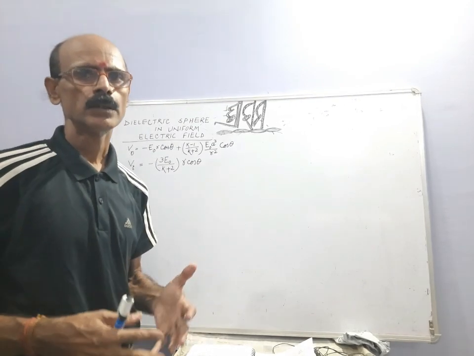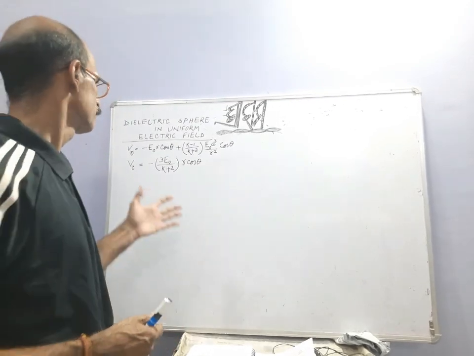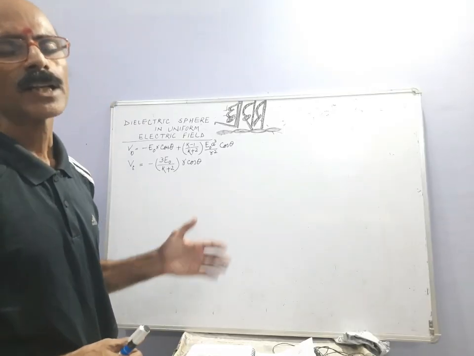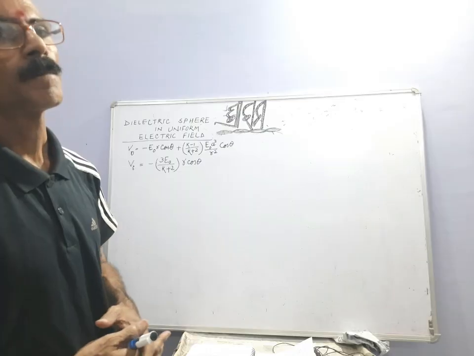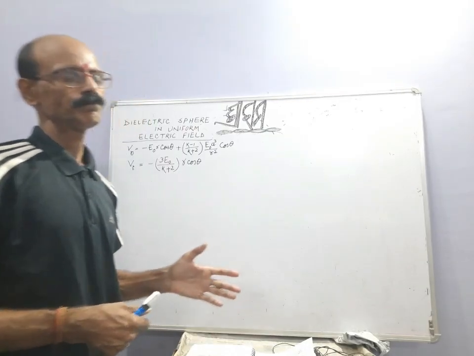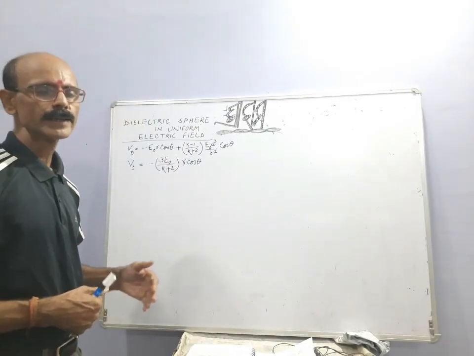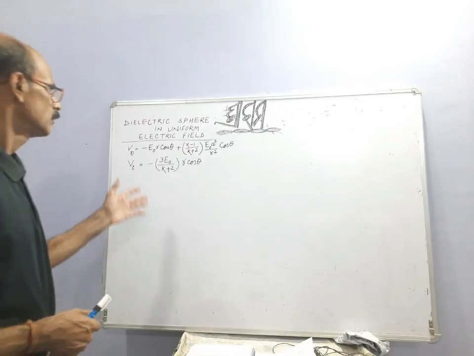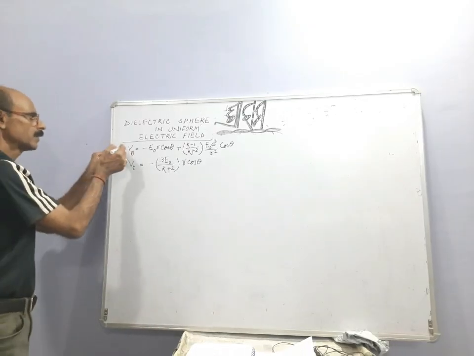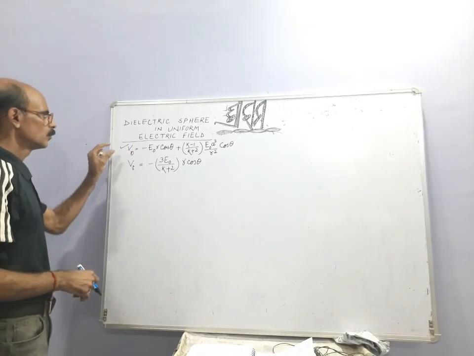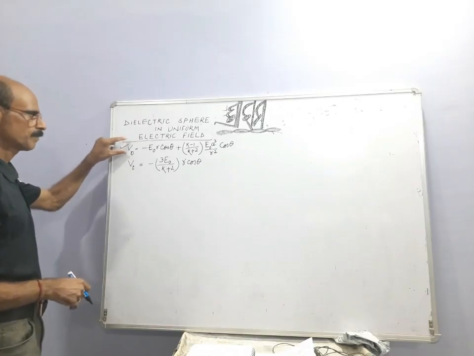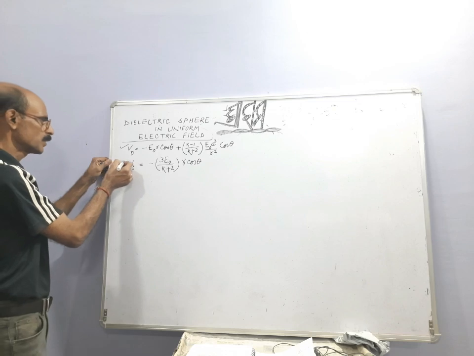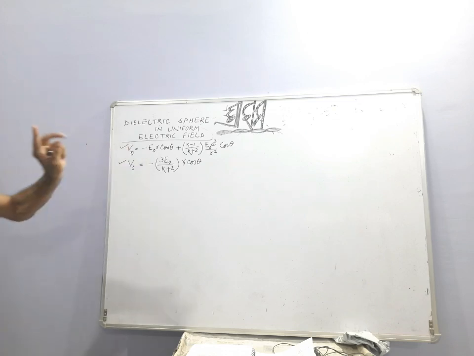Today we will derive the expression for electric field outside and electric field inside, and for that we have to take the help of the derived potential outside the sphere and potential inside the sphere. These two we have already derived in the previous video.